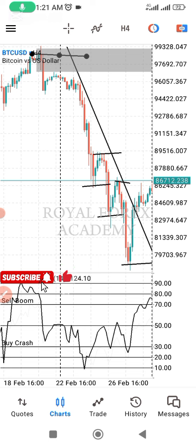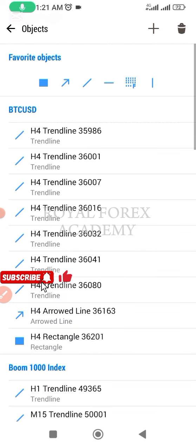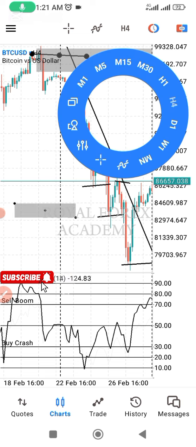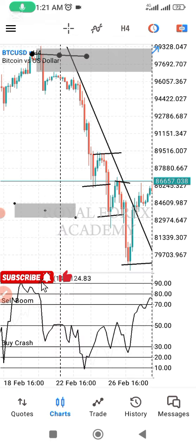Point of interest number 2 can be a fair value gap. In this scenario, here we have a fair value gap, which is an improper price action. Another point of interest can be a smart money cube. A smart money cube is an opposite candle found in a series of similar candles.